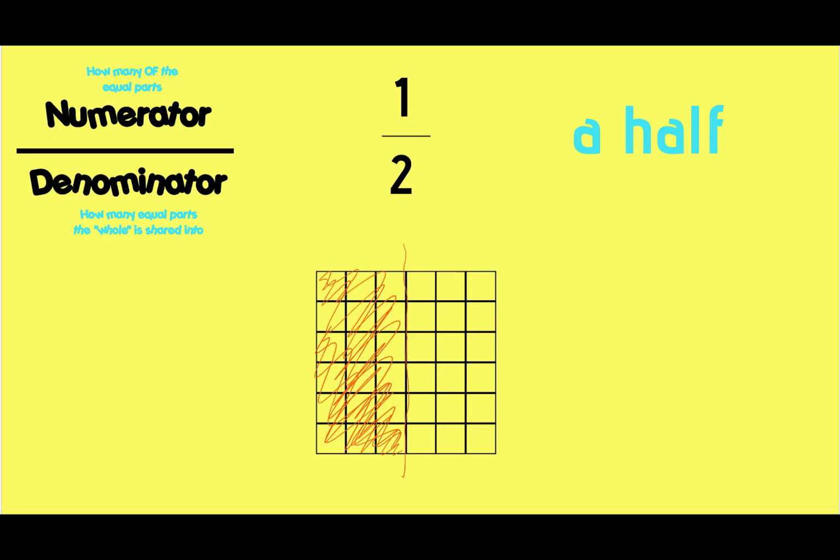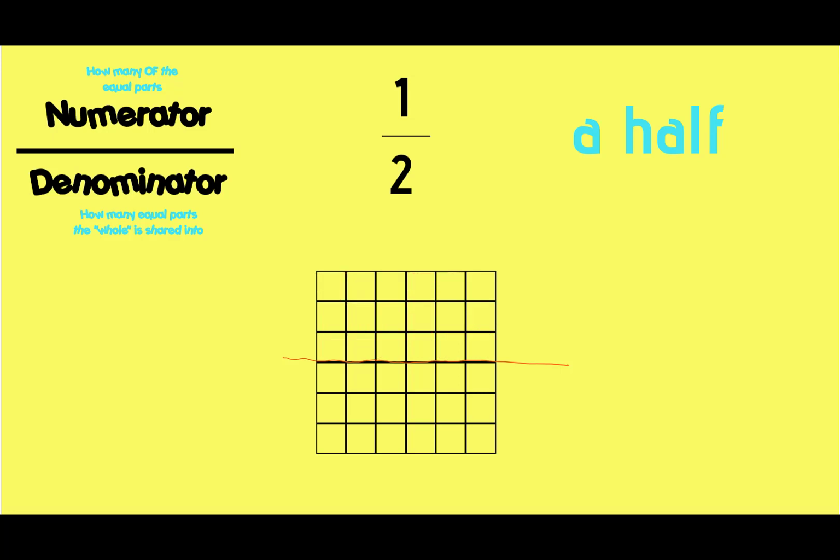I can visually see that. Or you might have been able to see that I could draw a line across here and that this half is the same as the bottom half. Okay, so you might be able to see it visually.